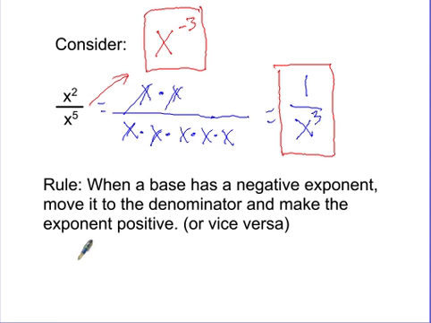What if I ended up with 1 over x to the negative 2? Then you move it, and it would be the same thing as x squared. If you end up with a negative exponent in the denominator, then it moves to the top and becomes positive. If you have a negative exponent in the numerator, the top, then it moves to the bottom and becomes positive.